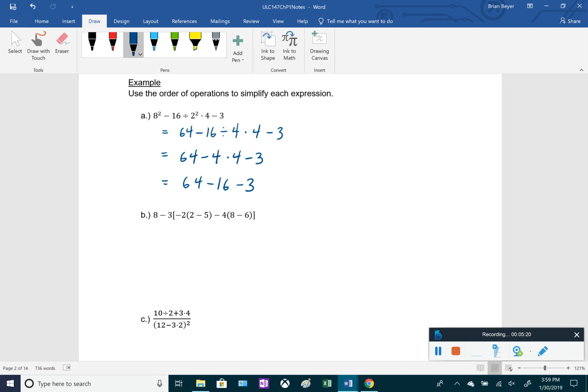So it's going to be 64 minus 16. So I'm going to put this up here. So 64 minus 16 is 48. Minus that 3. 48 minus 3 is 45. So our answer would be 45.